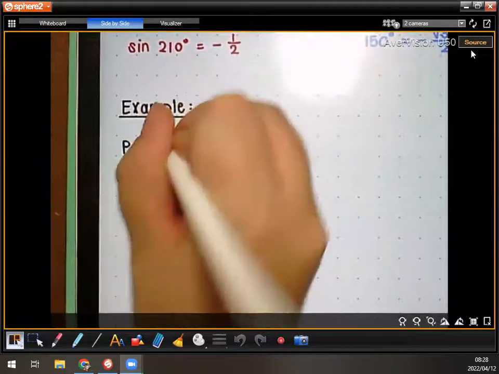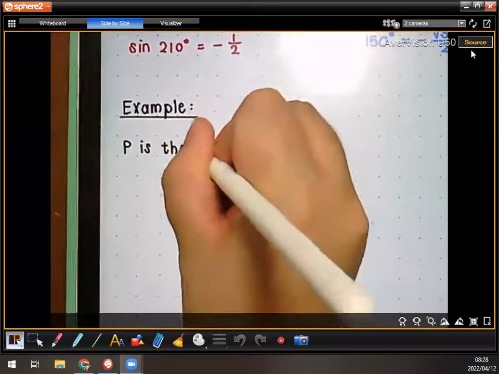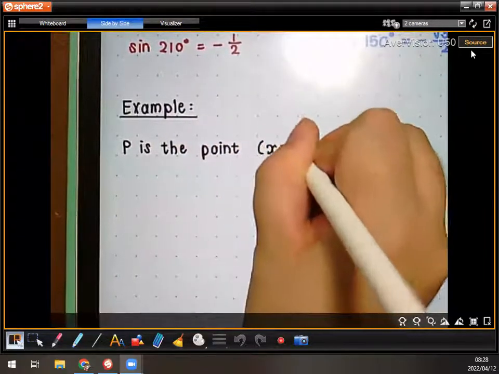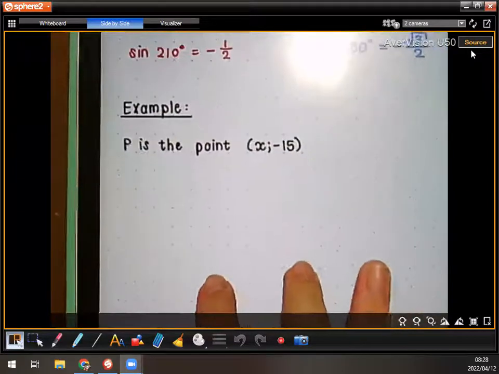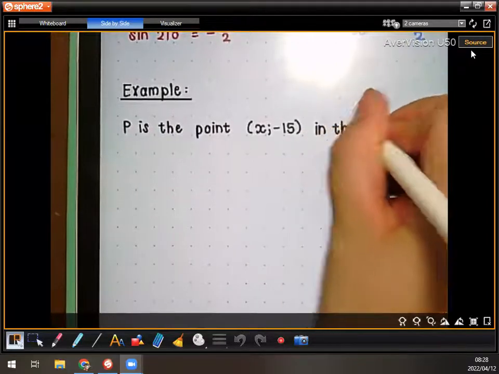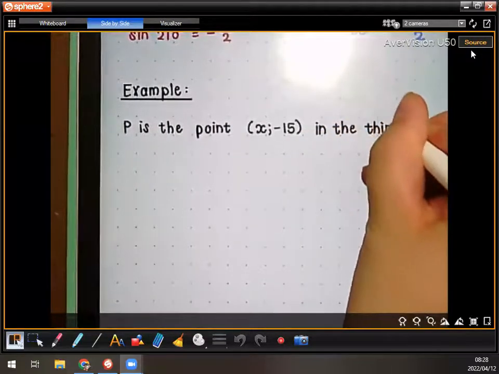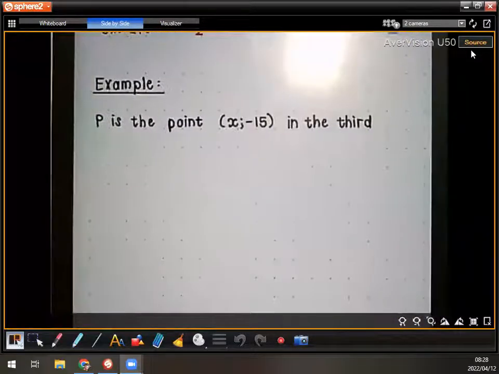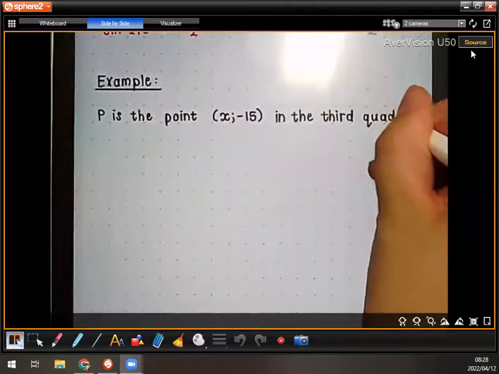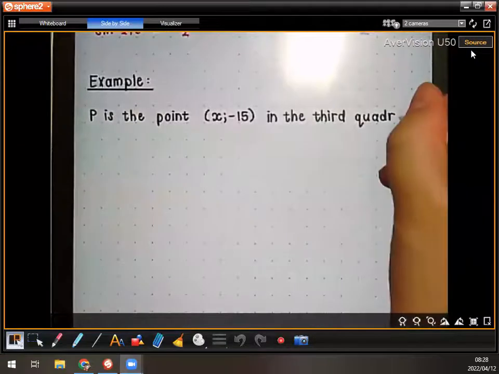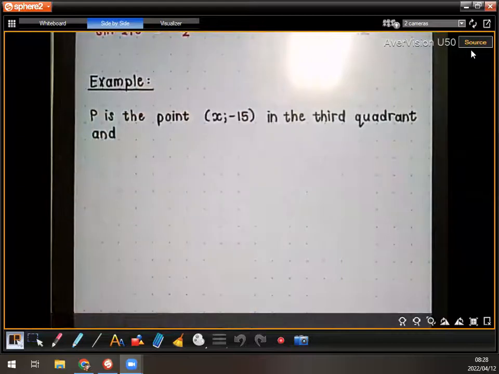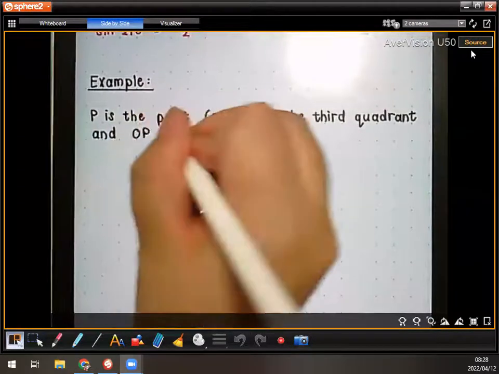P is the point x and negative 15 in the third quadrant, and OP is equal to 17 units.